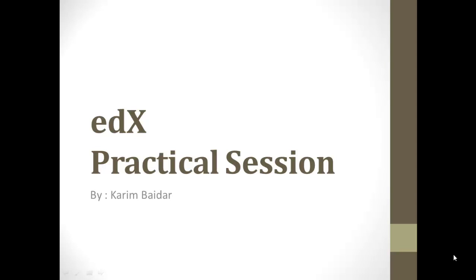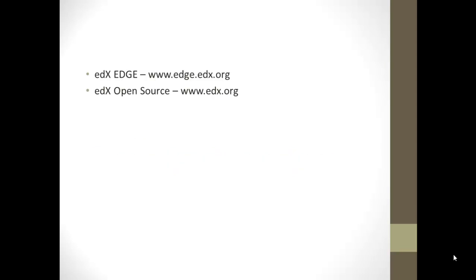Today I am going to provide you the technical training related to the edX platform, and will also share some important information regarding the different terminologies that have been used in the edX platforms. The most important thing in edX is that we have two types of platforms.